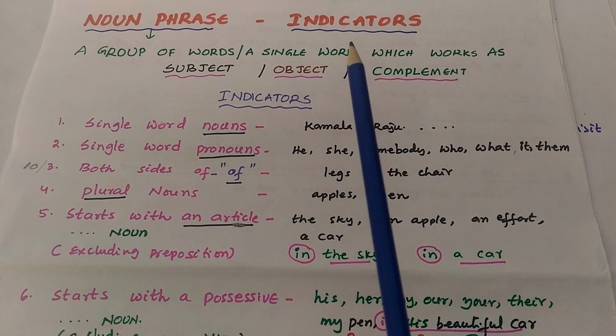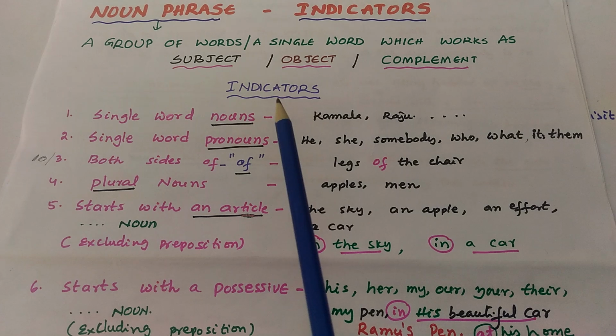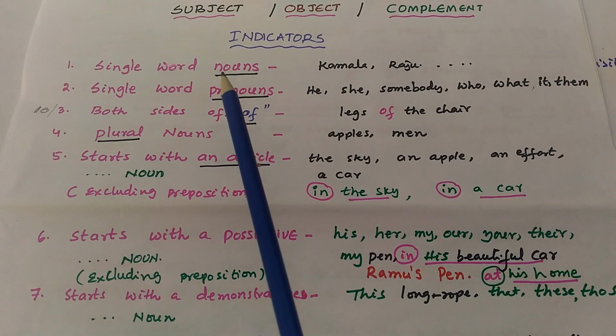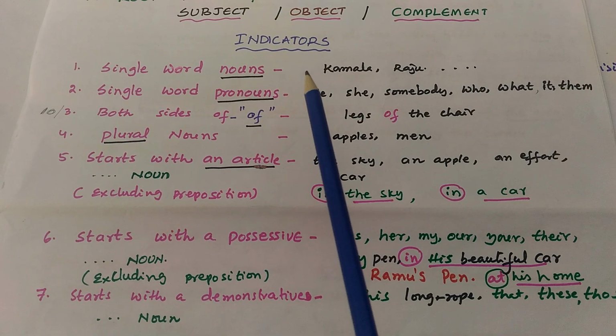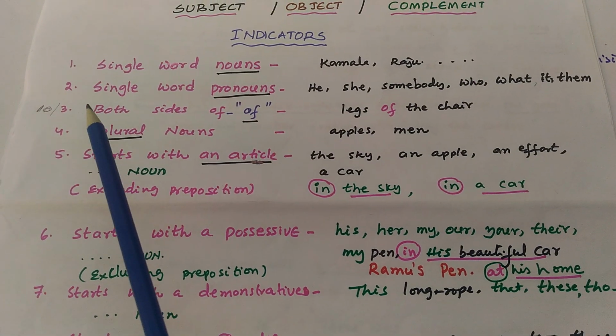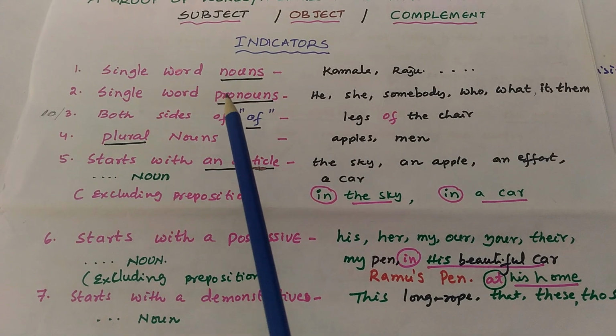There are some indicators. Indicator number one, single word nouns like Kamala, Raju, etc. Indicator number two, single word pronouns.